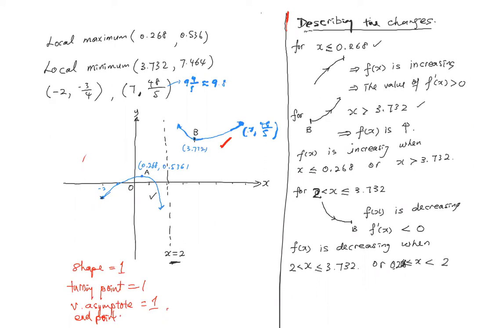So that is how you describe. And at x equal to 3.732 and x equal to 0.268, the function stops changing. So that is called a stationary point. Are you okay? So that is how you describe.